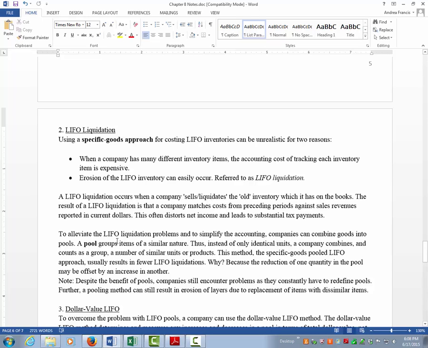I'll make them into a pool of items so that instead of just following snowboards, and if I sell too many snowboards, I end up in a liquidation, I actually just use other units to assume that they were sold. So I make a bigger number of units, and this helps to alleviate the liquidation problem.